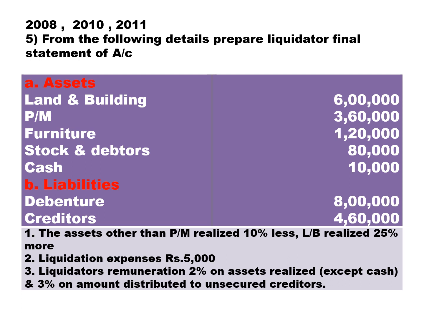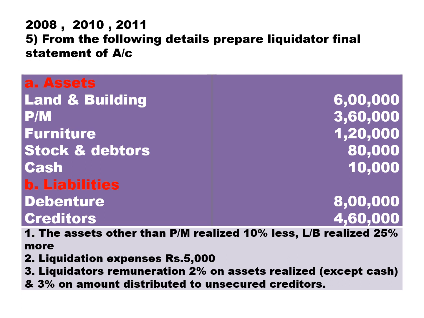So what is the total value of assets sold? On that calculate 2%. Don't consider cash to calculate remuneration, because cash is a non-realizable asset.